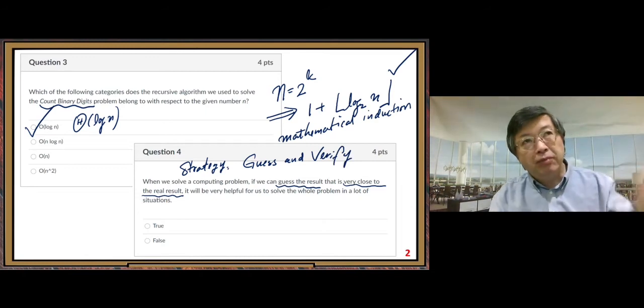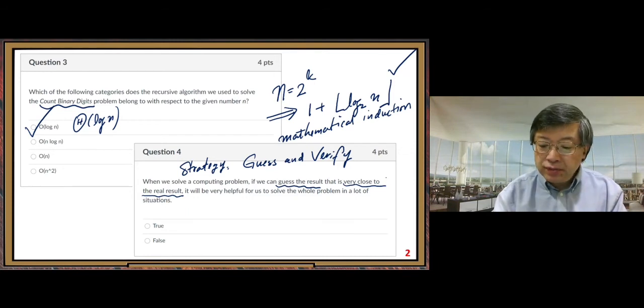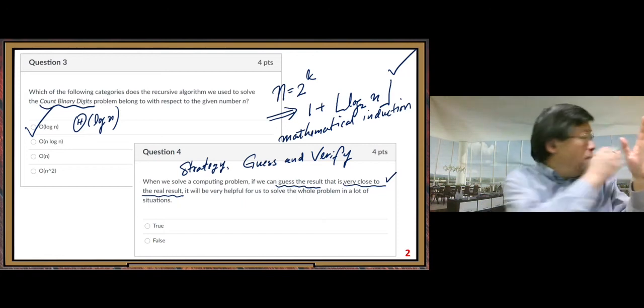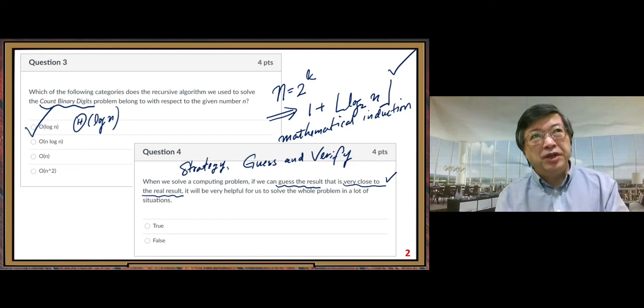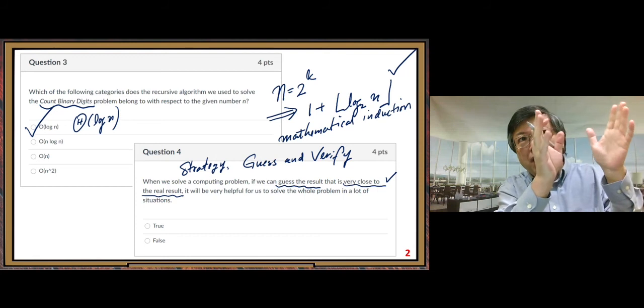In problem solving, this strategy is used a lot, and many times it is very effective. The reason is very simple. If you can get a pretty close guess to the real result, then what you basically need to do is just verify that the result is correct.